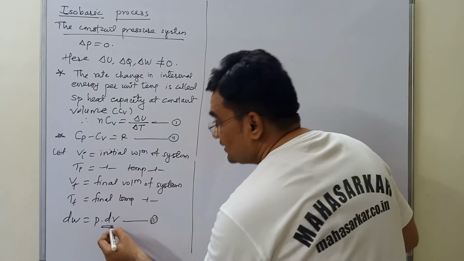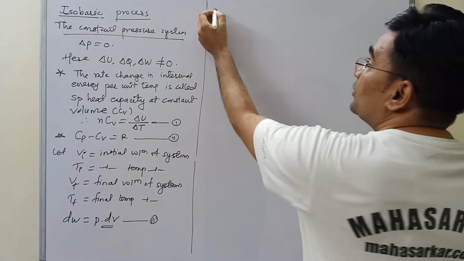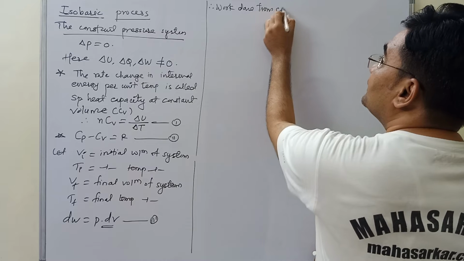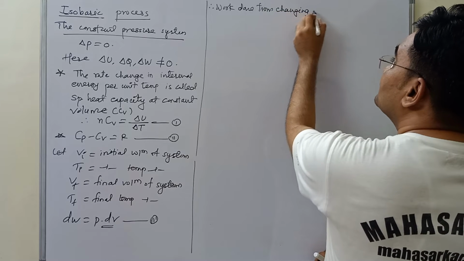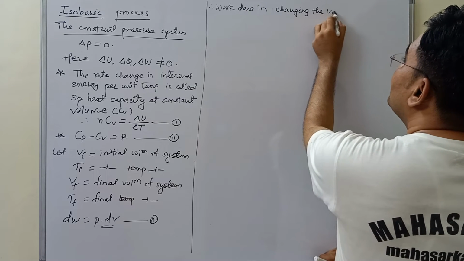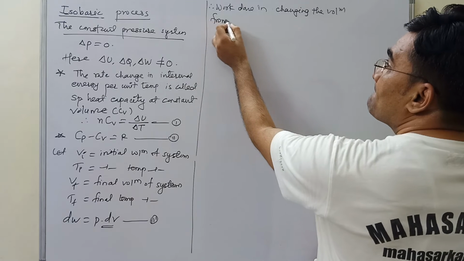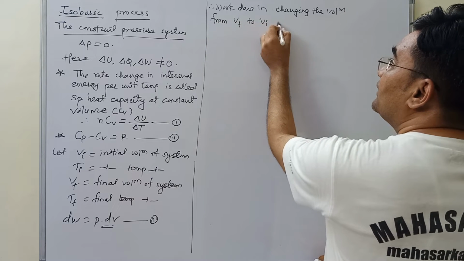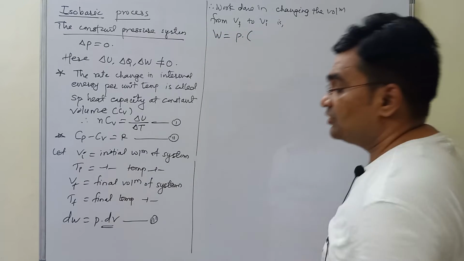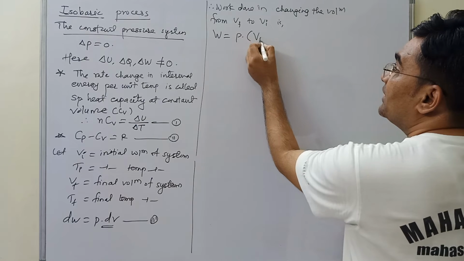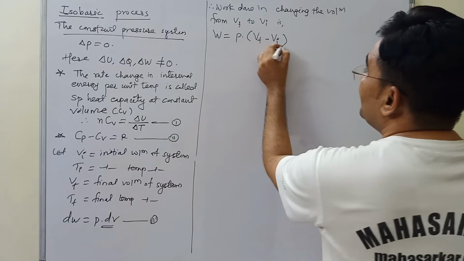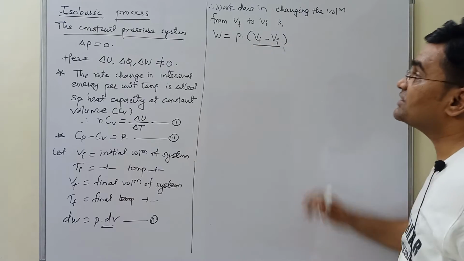So the work done in changing the volume from Vi to Vf is W equals P into Vf minus Vi.